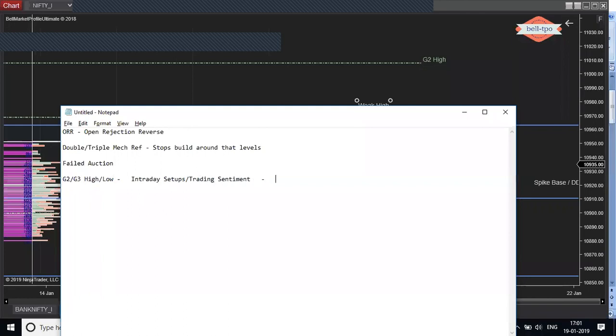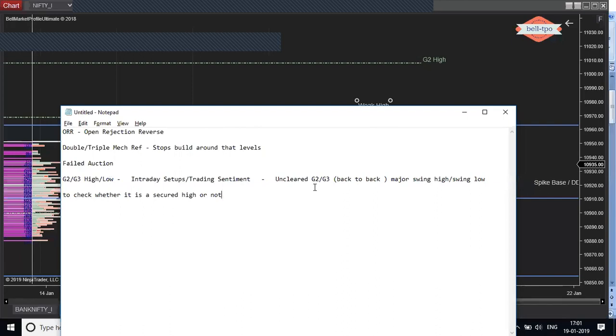The second thing we'll be looking for is an uncleared G2 or G3 back to back, coming at a major swing high or swing low, to check whether it is a secured high or not.